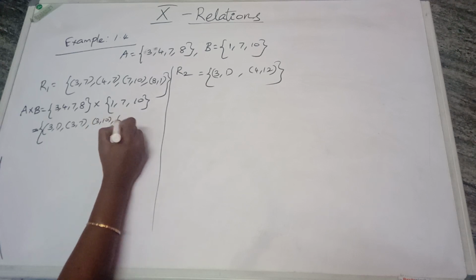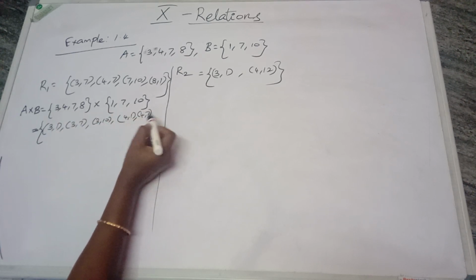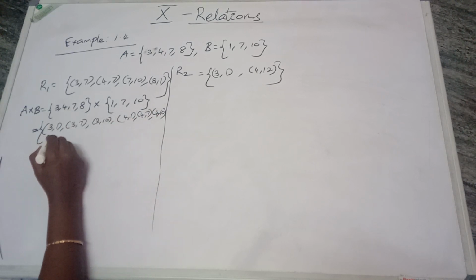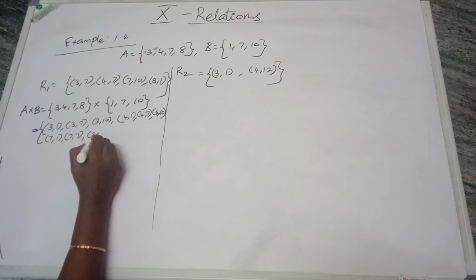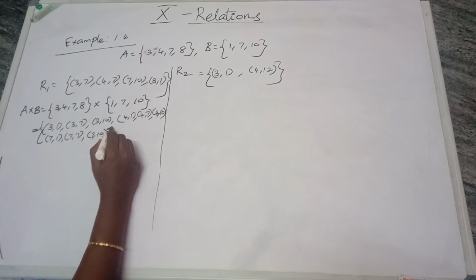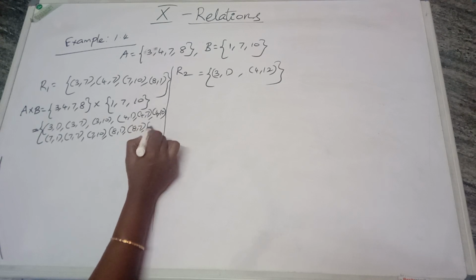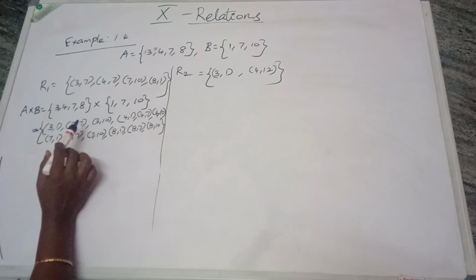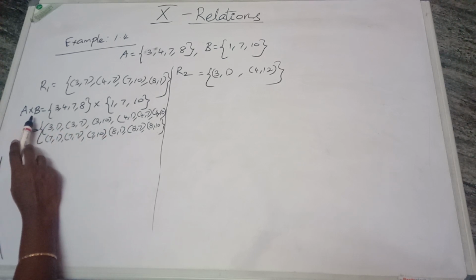Then if you take 4, the second element, 4, 1, 4, 7 and 4, 10. The next one, if you take 7, 7, 1, 7, 7 and 7, 10. Then if you take 8 as the fourth element, 8, 1 and 8, 7 and 8, 10. Okay, this is the set of ordered pairs. These are the elements in the Cartesian product A cross B.